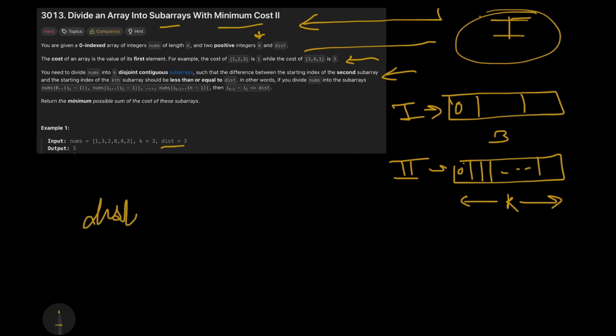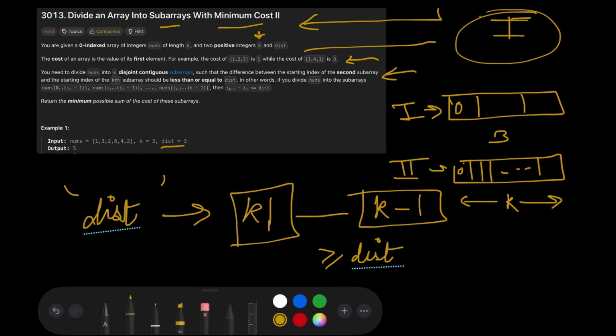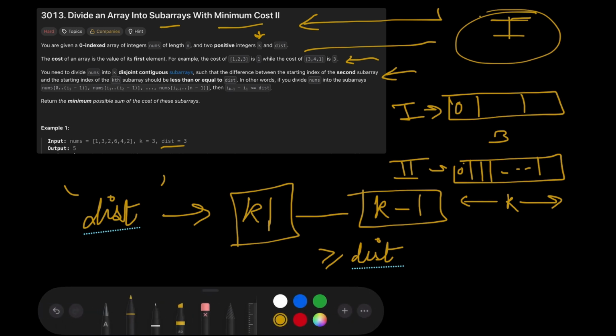A distance variable is given, which says that the distance between the start of the second subarray and the start of the last subarray should be less than or equal to distance.